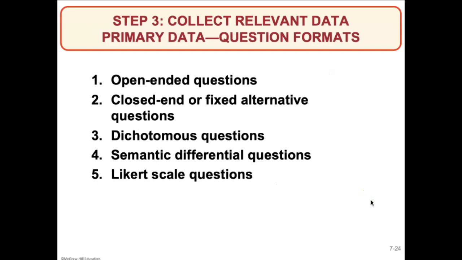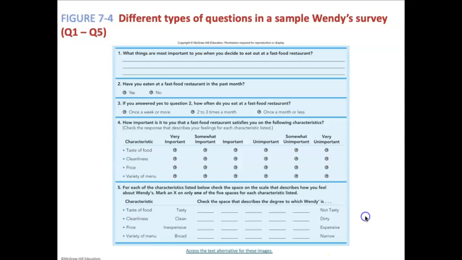Primary data question formats. There are open-ended questions. There's closed-end or fixed alternative questions, dichotomous questions, semantic differential questions, and Likert scale questions. So some examples. These are different types of questions in a sample Wendy's survey.